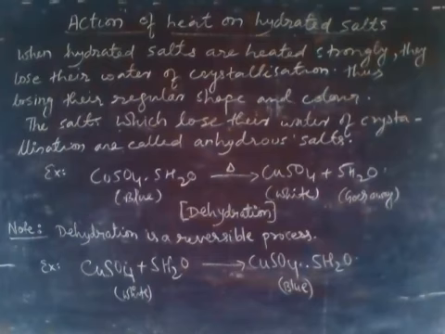And on heating, what you will find is that the blue colored copper sulfate crystals will turn white and a powdery substance is formed. Where have these water molecules gone? You will see tiny water droplets have formed on the glass of the test tube.